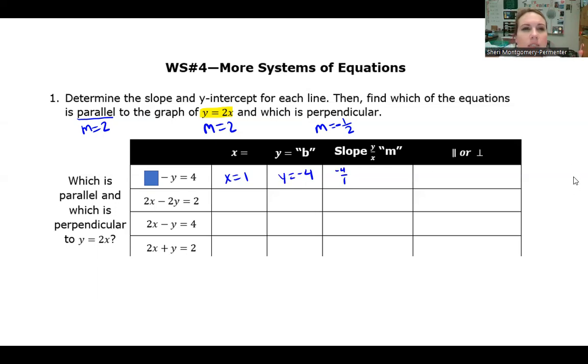So is -4/1 either one of these? The one we're trying to figure out is either this one or this one. Is it either one of those? -4/1 is not equal to 2. It doesn't have to be either one, so it's neither.